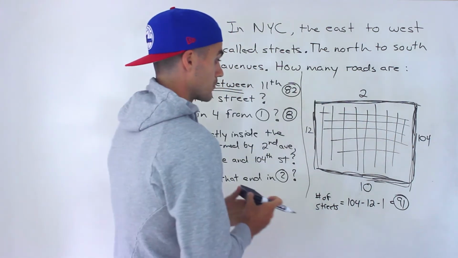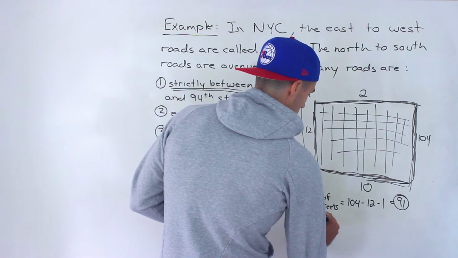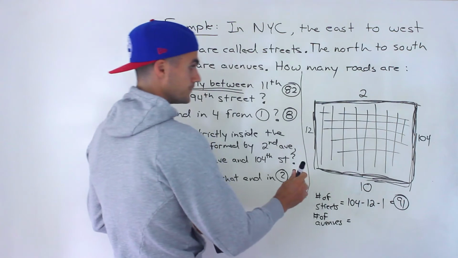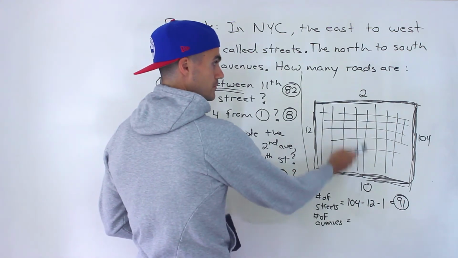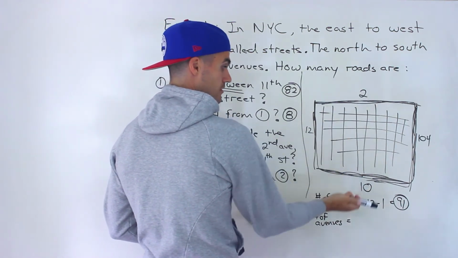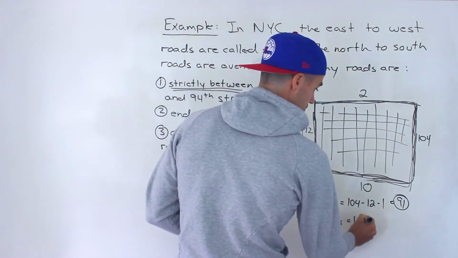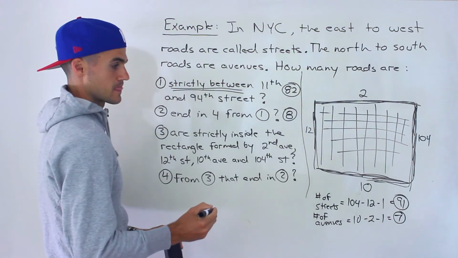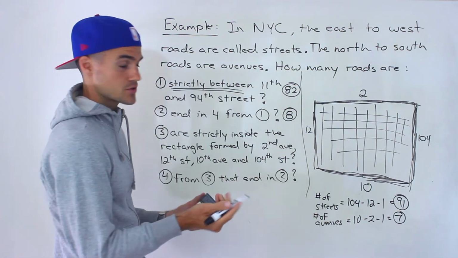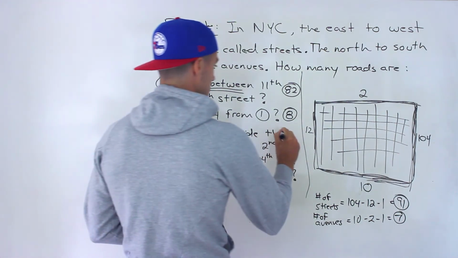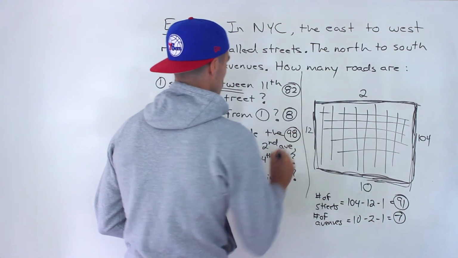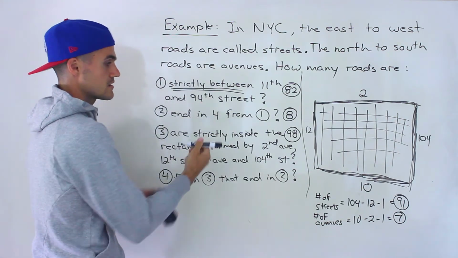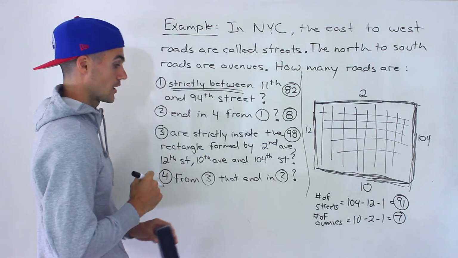And then the number of avenues, same thing, strictly between 2nd Avenue and 10th Avenue, would be 10 minus 2 minus 1, which gives us 7. Then you just add those numbers, 91 plus 7 gives us 98. So that's the answer to number 3. You got to be really careful when you see this strictly in between wording.